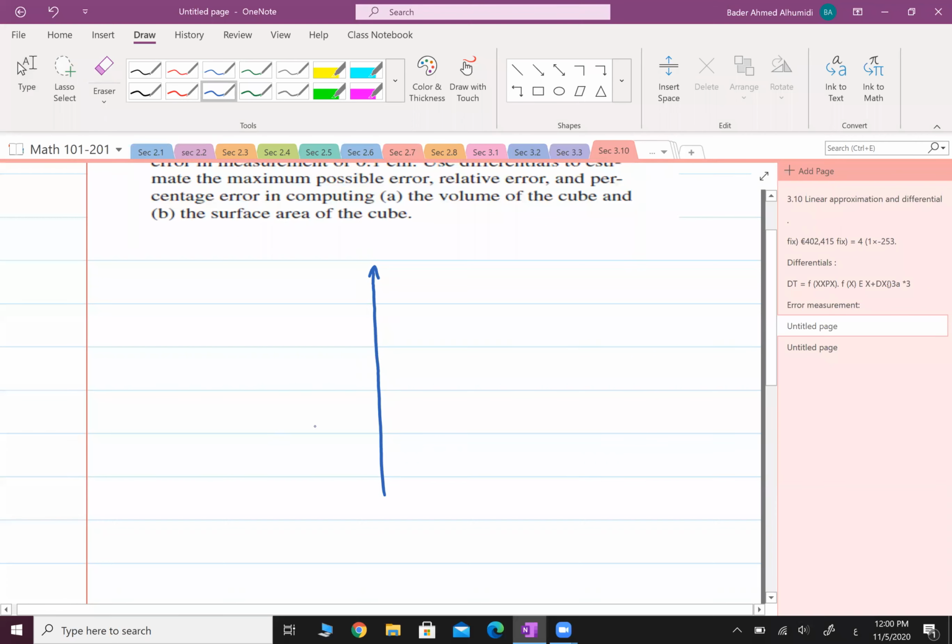We said if we have a graph like this, y equal to f of x, assuming we have a point here A, then we can always have a tangent line approximation for the function if we are close to A. Now, this linear approximation, we call L of x, the linearization of the function.